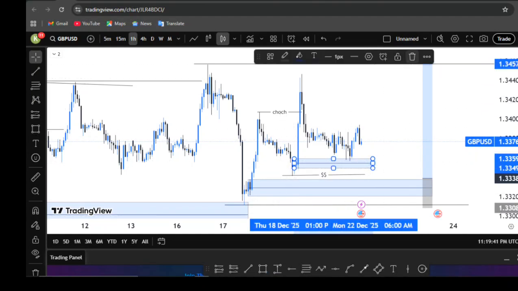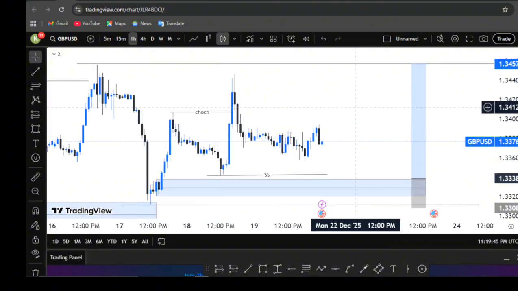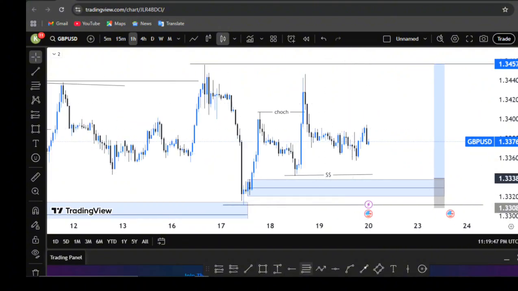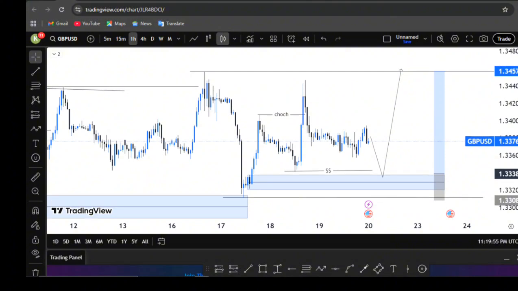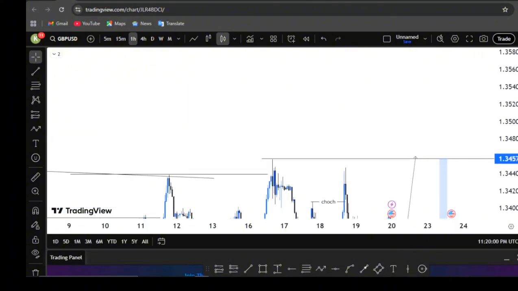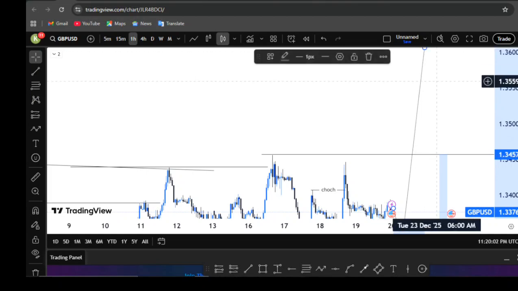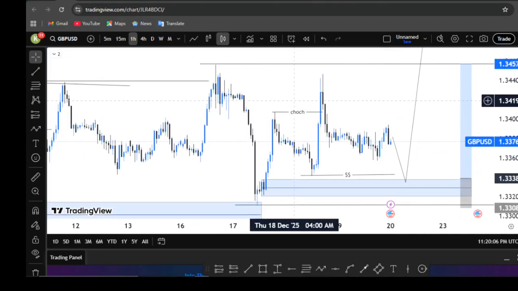Some other person may ask, why am I not considering this? I will not consider it because it is not so clear for me. I will have to wait for the market to come down, to trade into my zone, and then I look for buys. This will be my first TP, and then the last TP will be our demand zone.